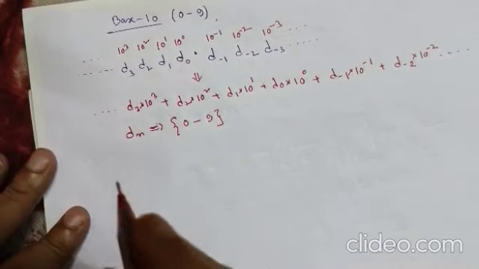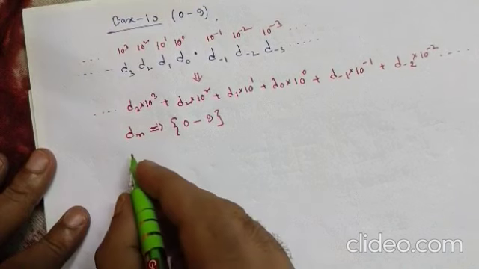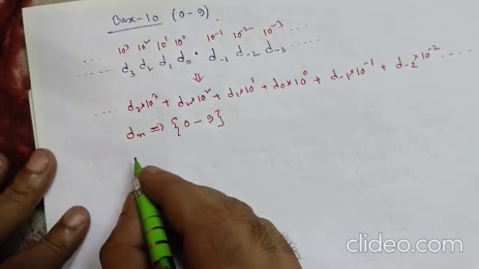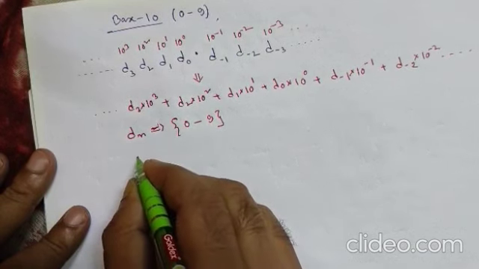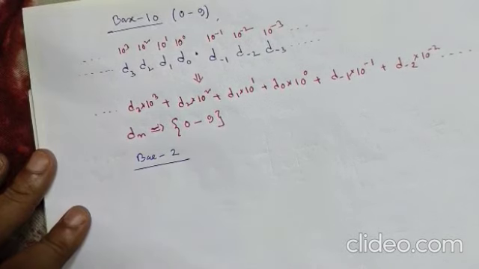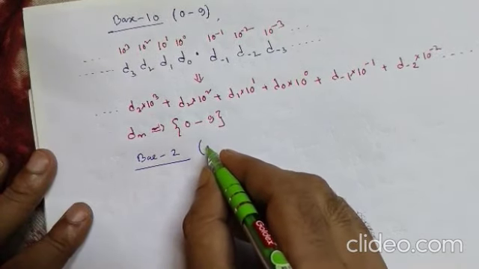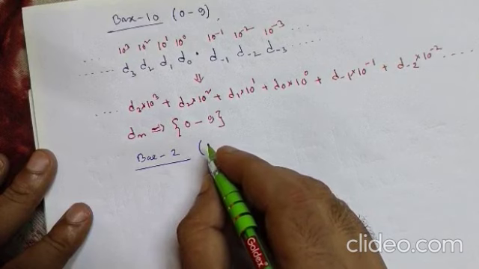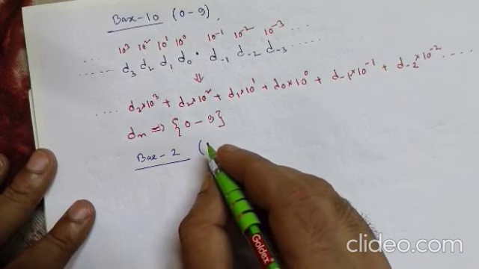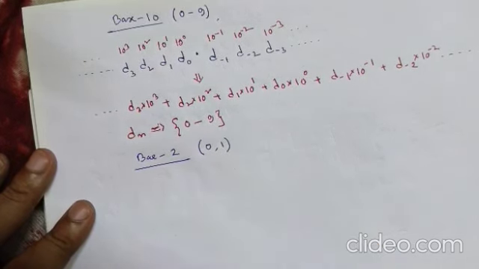Now, suppose I am taking another number system that has base 2. Base 2 system has 2 digits or 2 symbols, 0 and 1.